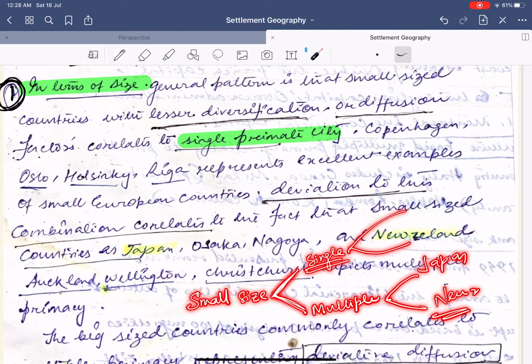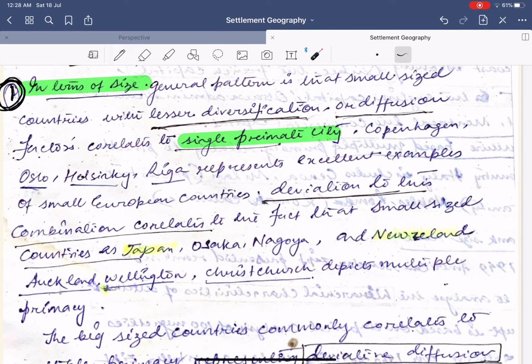With respect to single primacy, we took the example of Sweden and Norway. I hope you understand that these are nothing but the capitals of Sweden and Norway. Kindly find out in the map where Oslo, Helsinki, Riga and Copenhagen are located. This will be important for your marking.